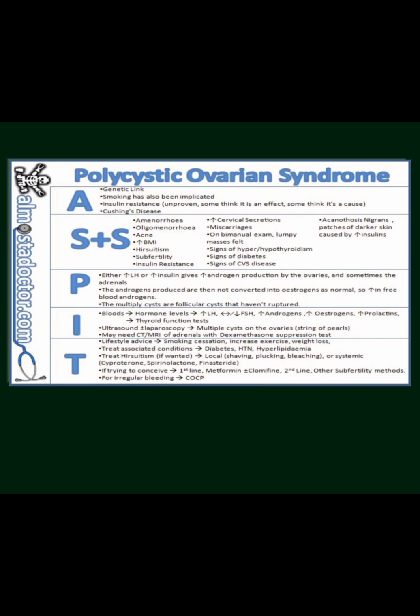Insulin resistance, all these parameters.